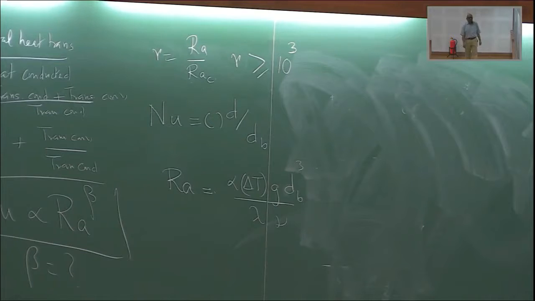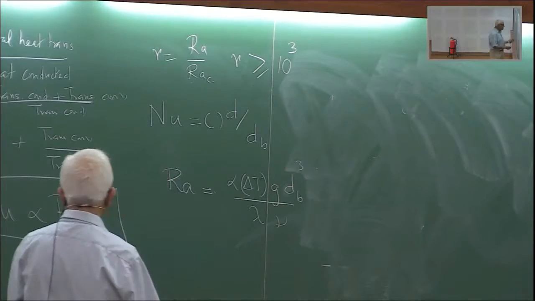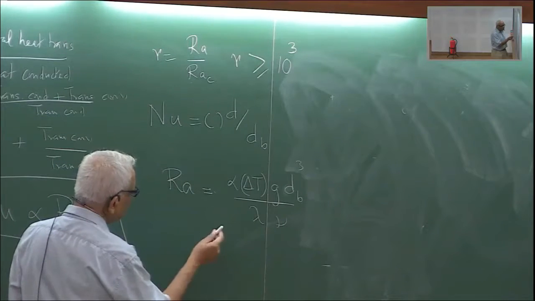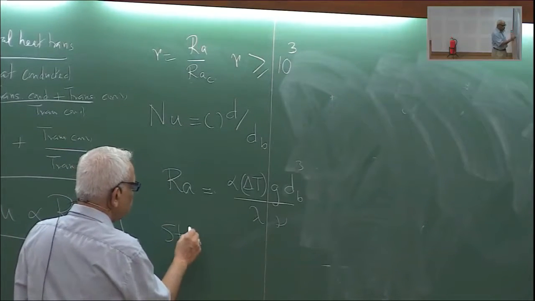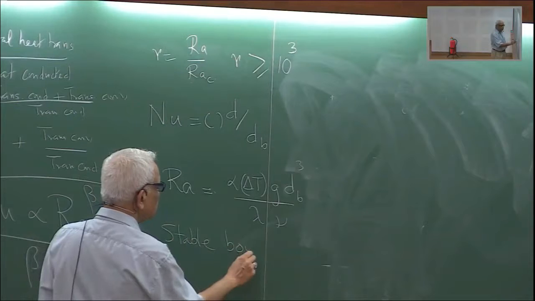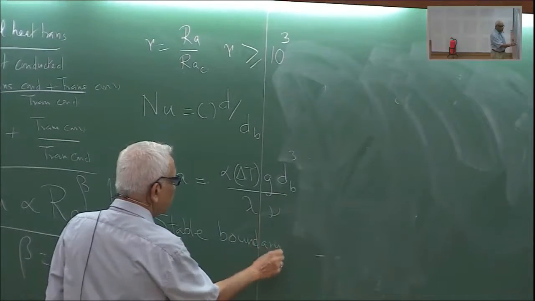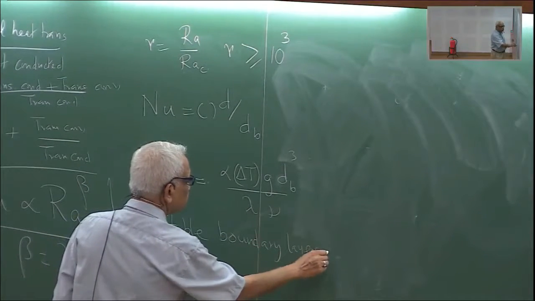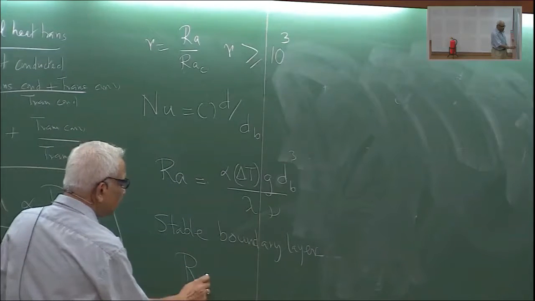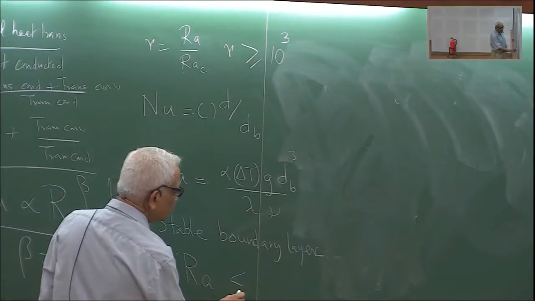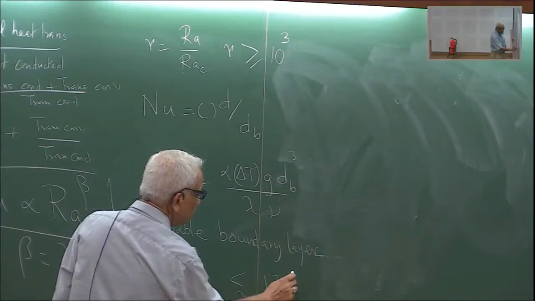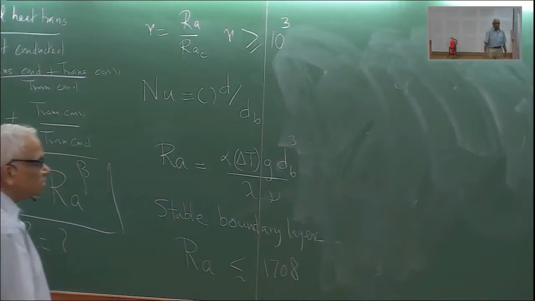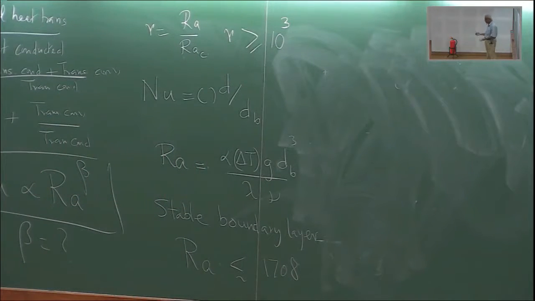And you say, very naively as a first go, that if the boundary layer is stable, then Ra has to be less than or equal to 1708. So it is some number which is less than this 1708.